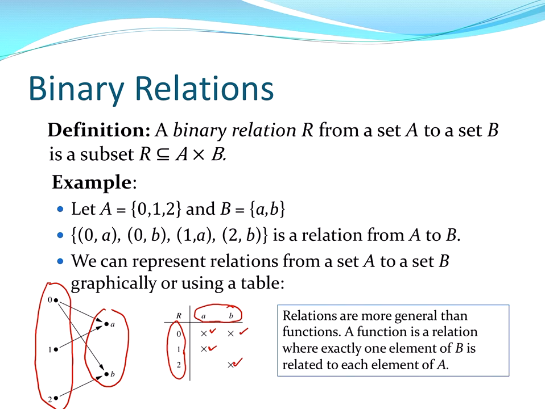We've actually already encountered relations because a function is a type of relation. There can be relations that are not functions, but all functions are relations. Specifically, it's a relation where exactly one element of B is related to each element of A, as you'll recall from an earlier chapter.